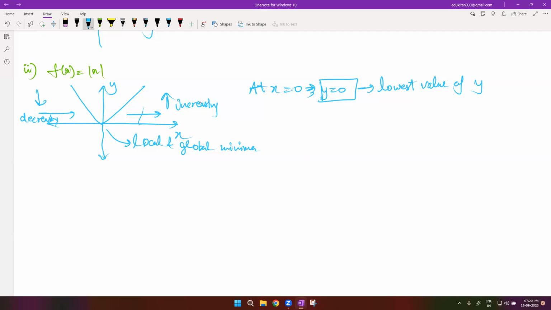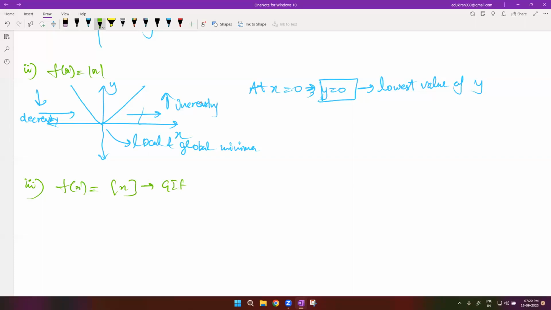So whenever I say minima, I mean a local minima, and whenever I use the word maxima, it will certainly mean local maxima. So let's start with another function, which is the greatest integer function.